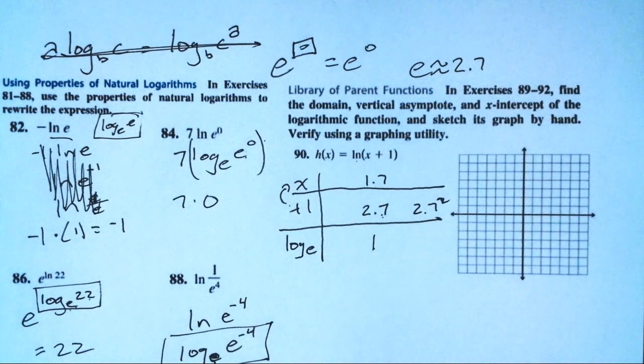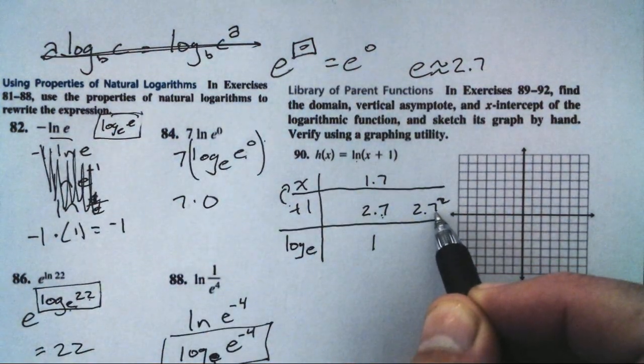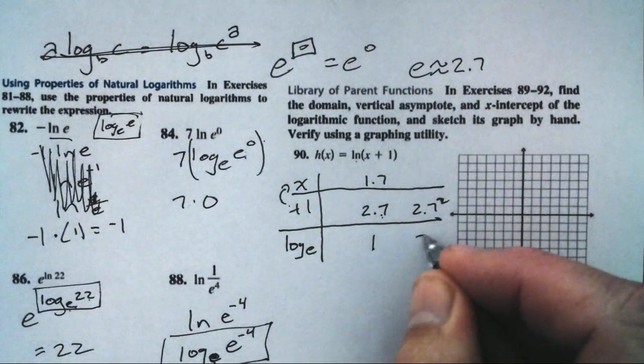I'll go ahead and grab a calculator and check that real quickly. 2.7 squared is about 7.3. So if I can get 2.7 squared, what's the exponent that turns about 2.7 into about 2.7 squared? That is 2.